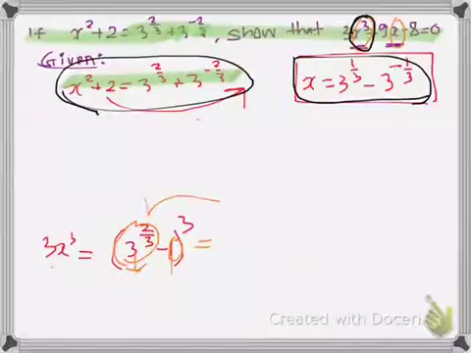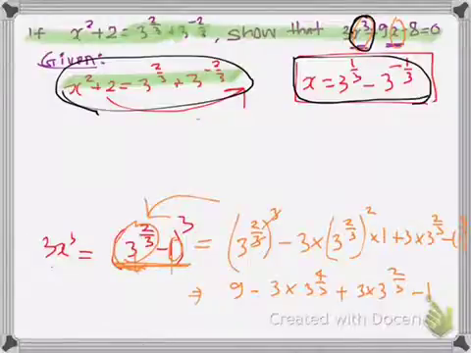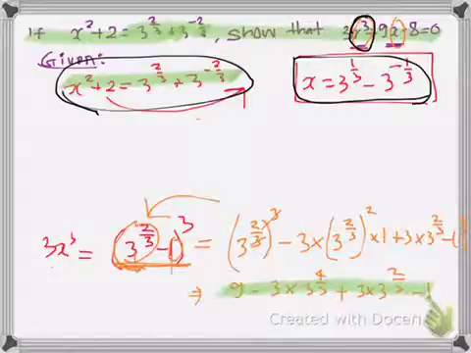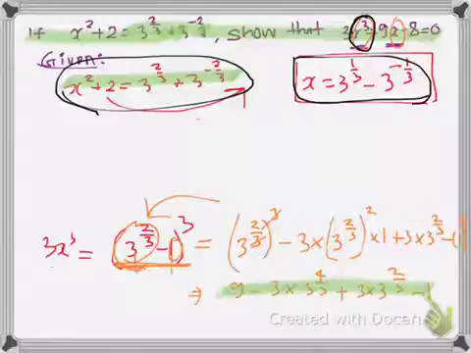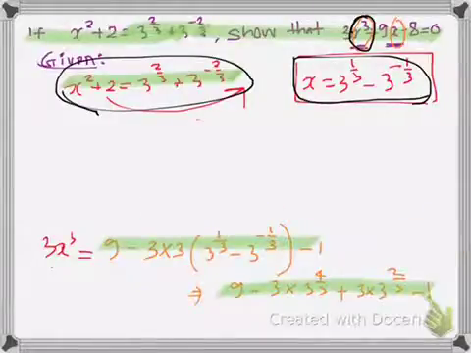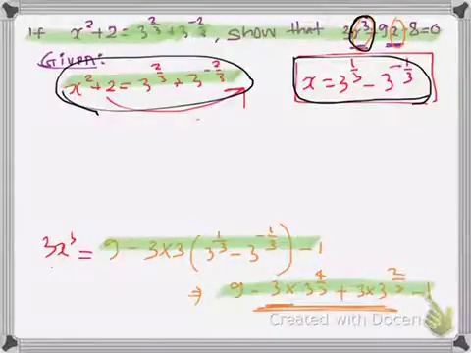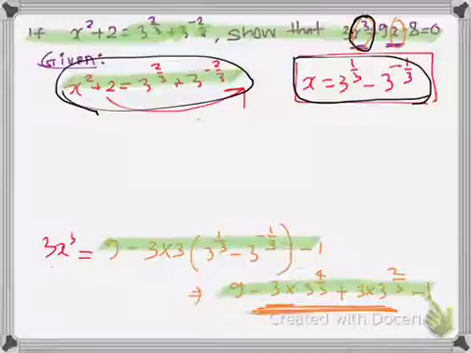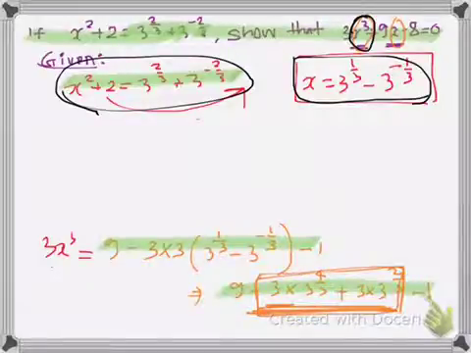Now let us expand what these terms give according to our formula. So if you go on solving, you get the right hand side as 9 minus 3 times 3 to the power 4 by 3 plus 3 times 3 to the power 2 by 3 minus 1. So we can further simplify it. We get this since here I've taken 3 common, 3 squared, which is 3 times 3, common from these two terms, negative 3 times 3 common from these terms.